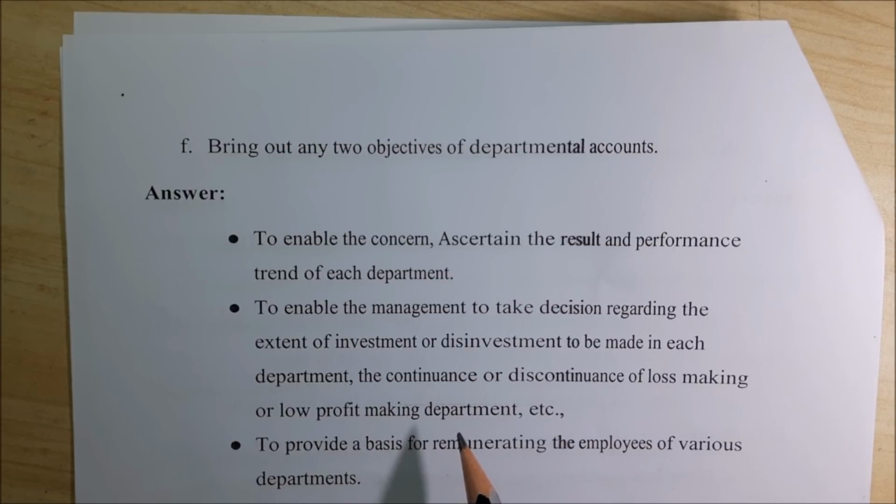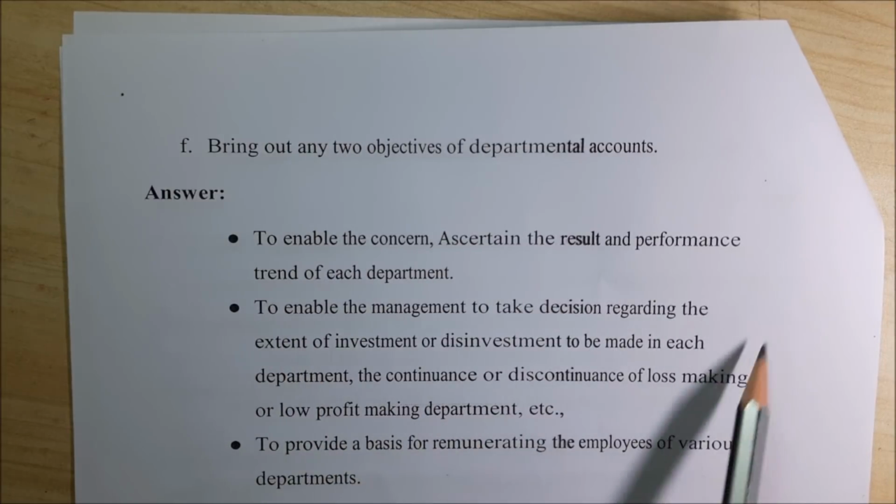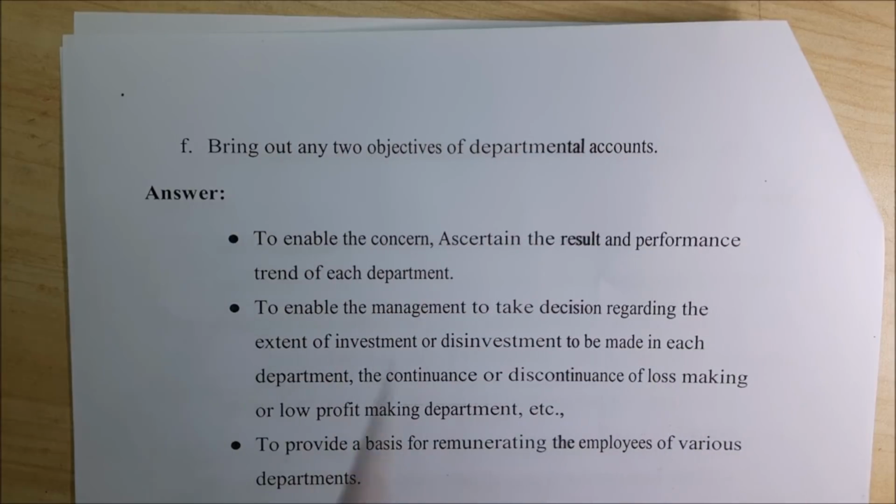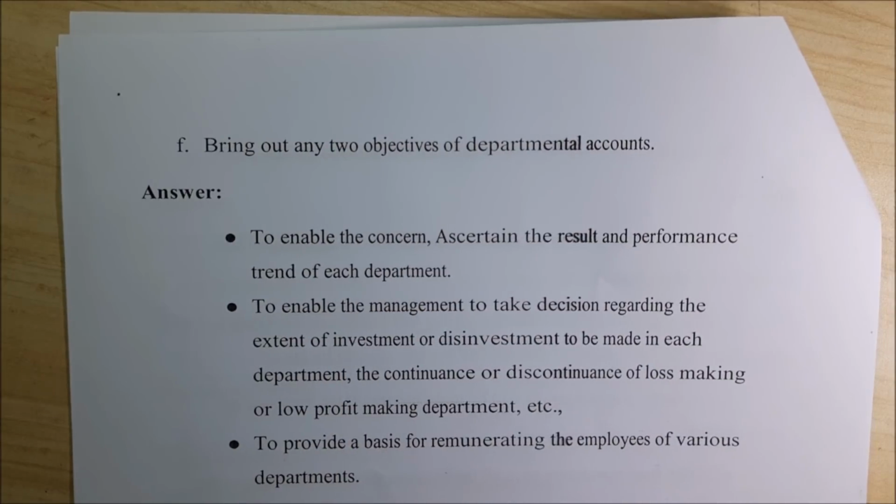You get a profit of 5 lakhs, but we will not know whether that profit is from X or Y or Z. But if you follow departmental accounts, then you will come to know what X is getting, what Y is getting, and what Z is getting. If X and Y are getting profit, and Z is not, then how to regenerate, and is it possible to continue or discontinue. Those are the objectives of departmental accounts, right?